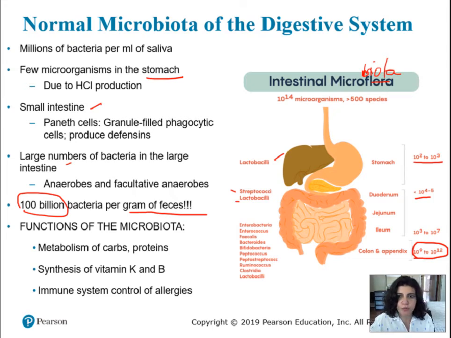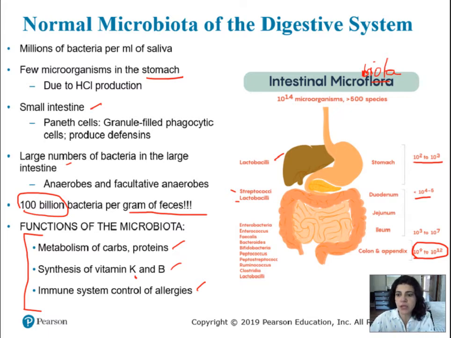So before I show you more bacteria, what are the functions of the microbiome? Metabolism of carbs and proteins, synthesis of vitamin K. Vitamin K is important for clotting and bone calcification, and immune system control of allergies. And you're like, what? How can that be possible?